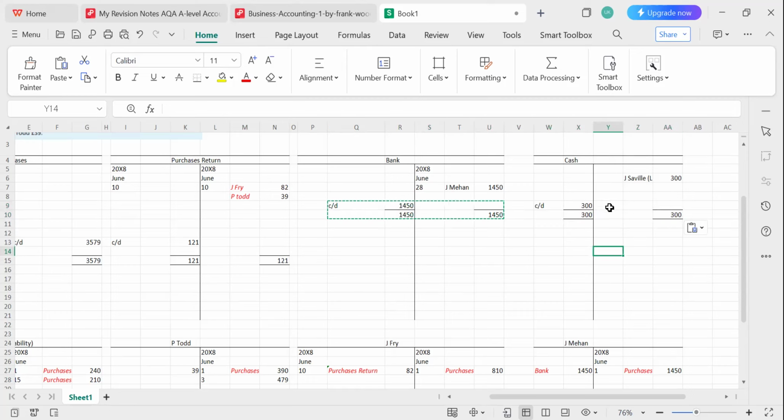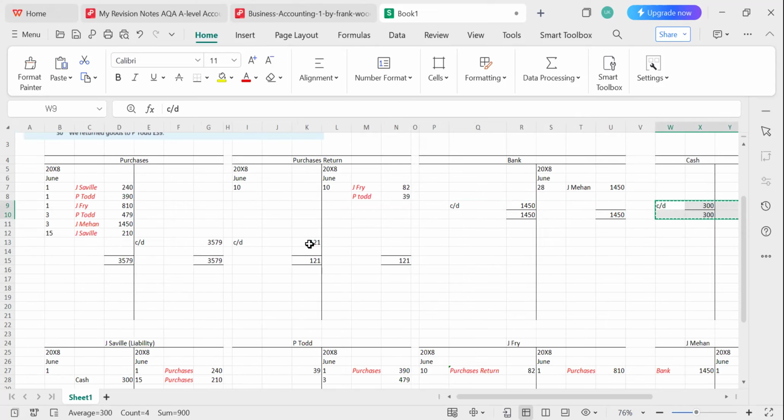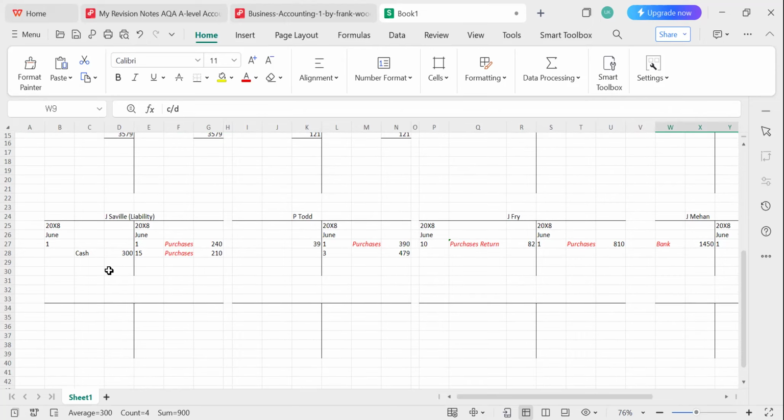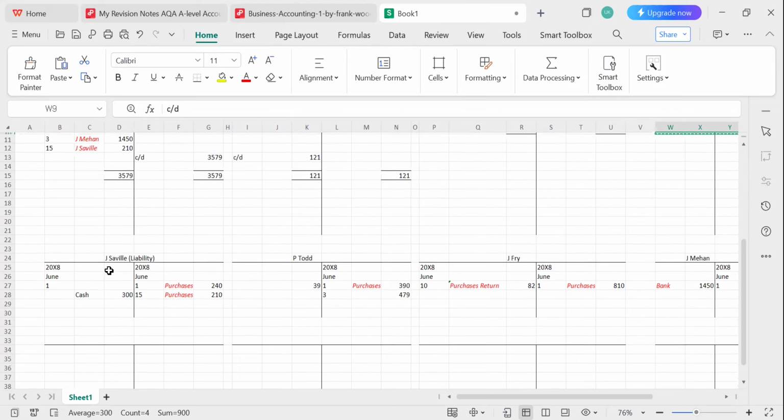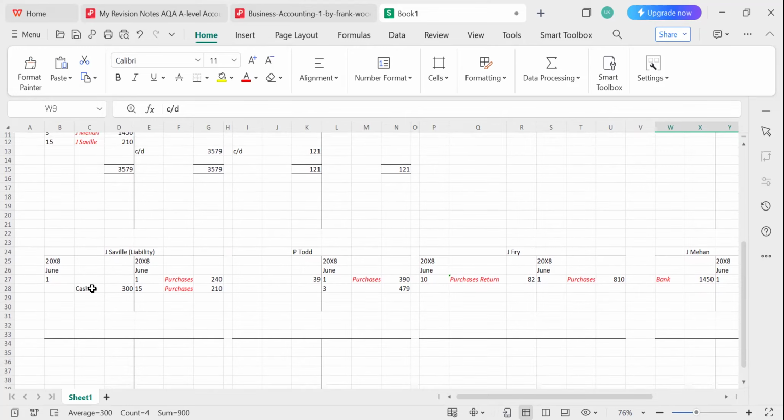Same is the case with this account. We only have one side. So carried down is 300. So here, this side is 450.